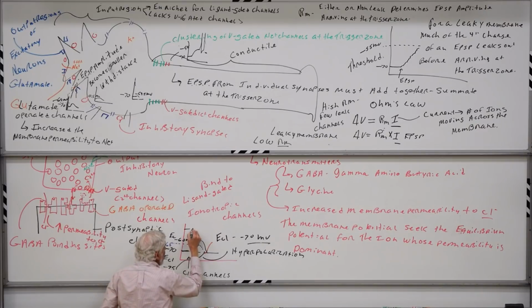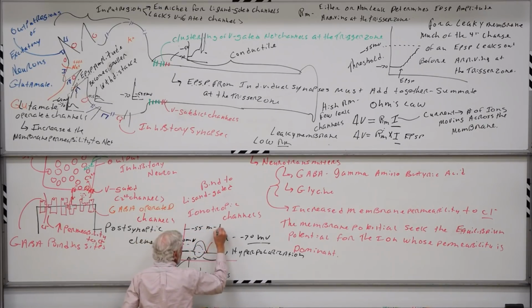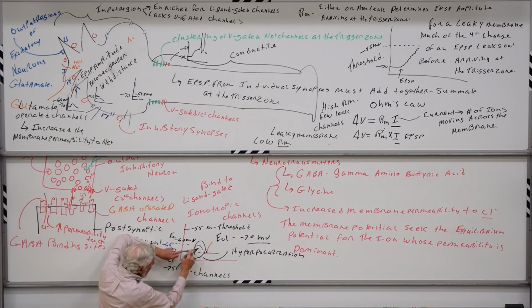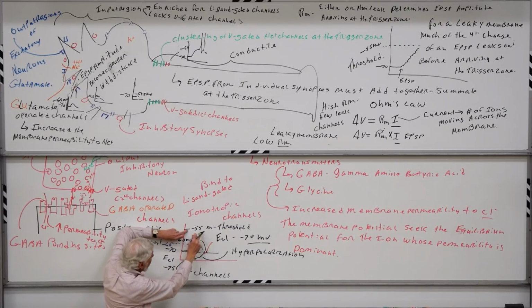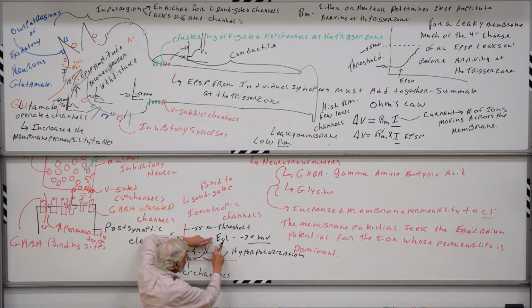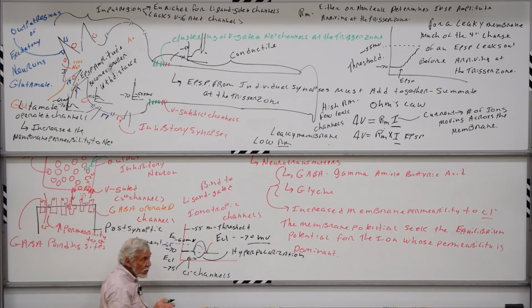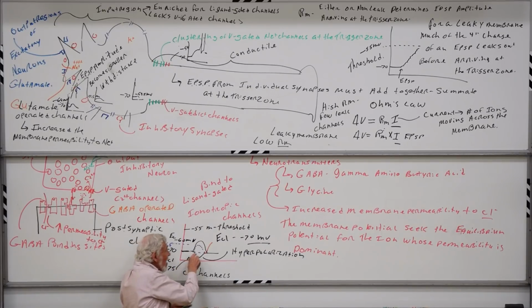If threshold is set at minus 55 millivolts, as long as the equilibrium potential for chloride is more negative than the threshold potential, we're going to hold the membrane potential there because the membrane potential seeks the equilibrium potential for chloride. So it's inhibitory regardless. That tells us that we can have inhibitory potentials that are hyperpolarizing, unchanging, or depolarizing, and in all cases they'll be inhibitory.